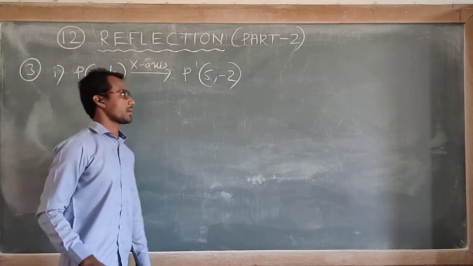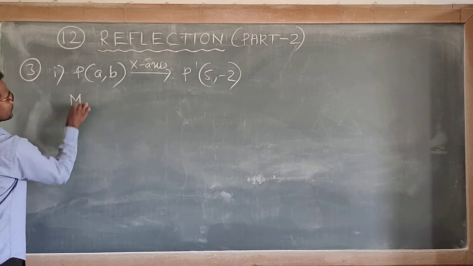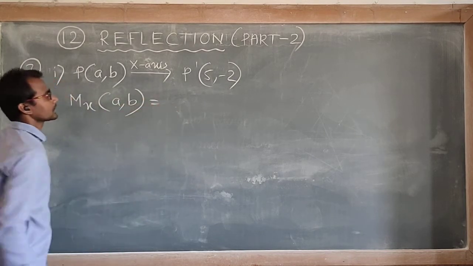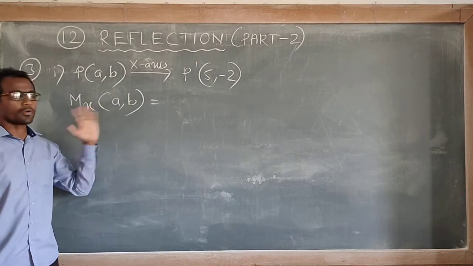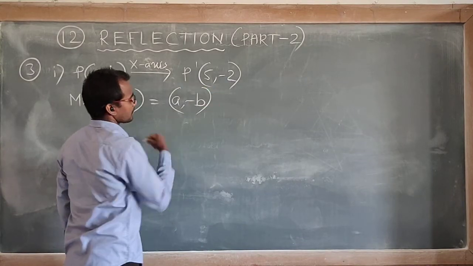Write out the values of A and B. We can use the formula. For reflection in the x-axis, A comma B becomes A comma minus B.